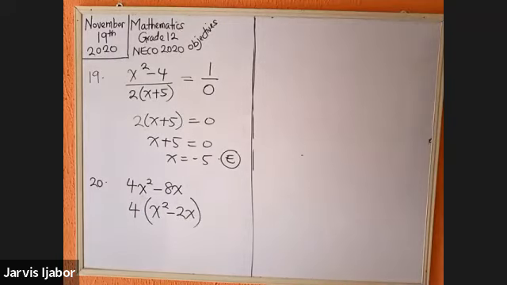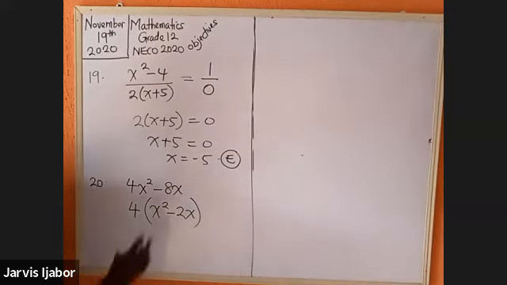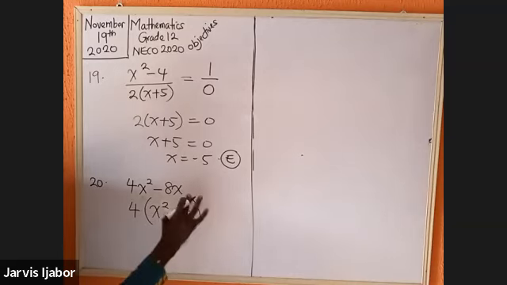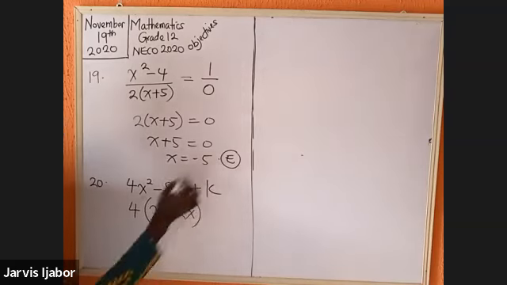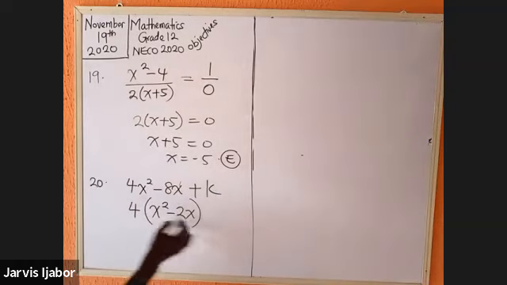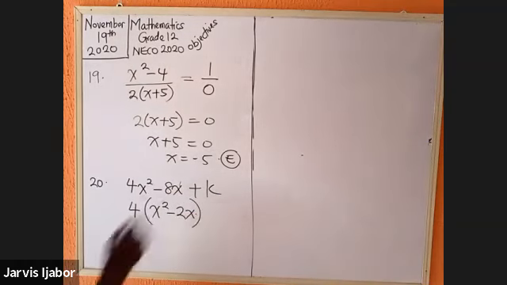So what do you do here? Now, to get this one, what would you add here? To get this expression, first of all, the unknown, now look at it. There's something hidden here. Although you're given plus k, this is the k you need to find to make this a perfect square. Is that not? But you need to start by looking at what you need to do in here.